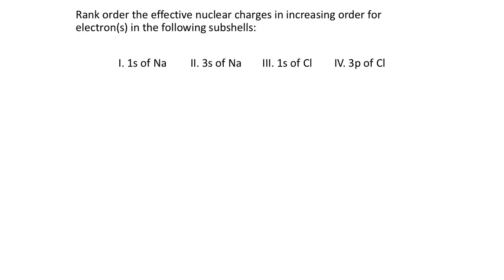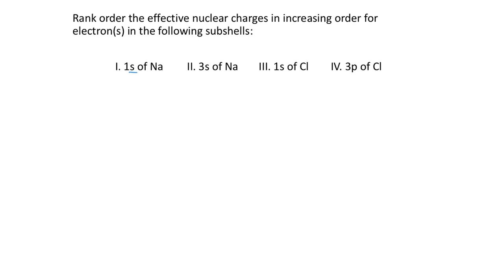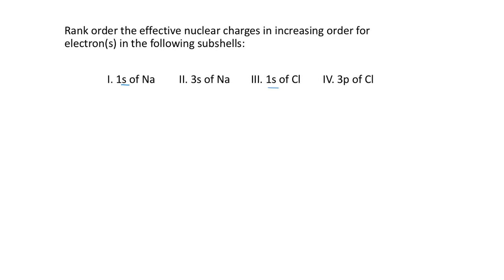But we're rank ordering here in this problem the effective nuclear charges in increasing order for electrons in the following subshells. So we have two different electrons in a sodium atom. We have the 1s versus the 3s of sodium, and then we have the 1s versus the 3p in chlorine. And so obviously the 1s electrons are the smallest electrons within these atoms. So those are the electrons that within those respective atoms are going to experience the greatest overall charge.